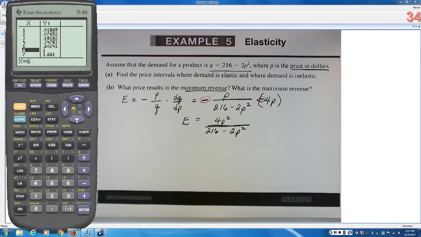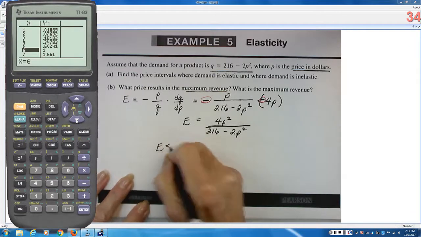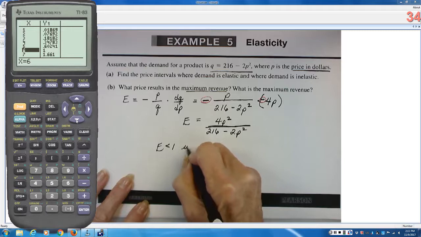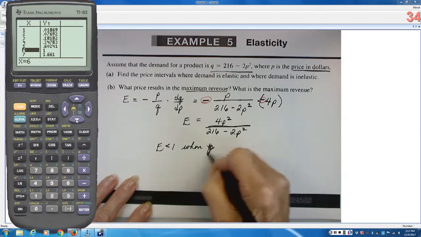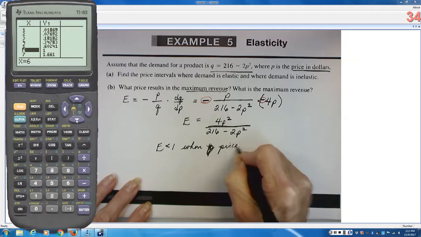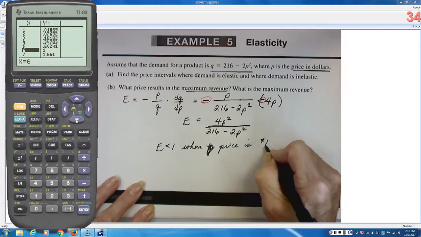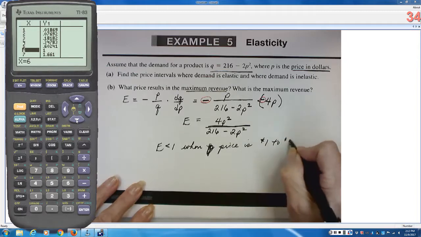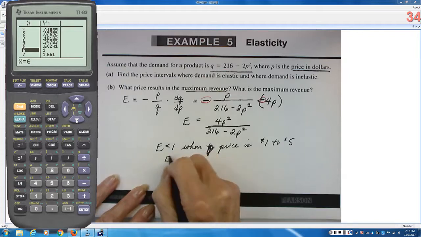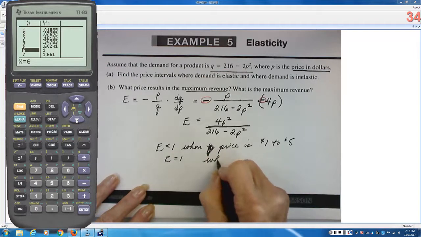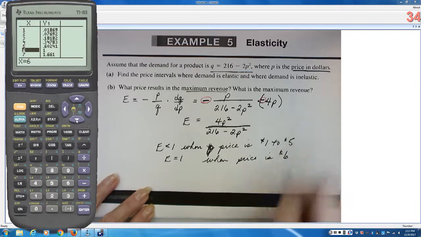So what we see is that E is less than 1 when the price is from $1 to $5. E is equal to 1 when the price is $6.